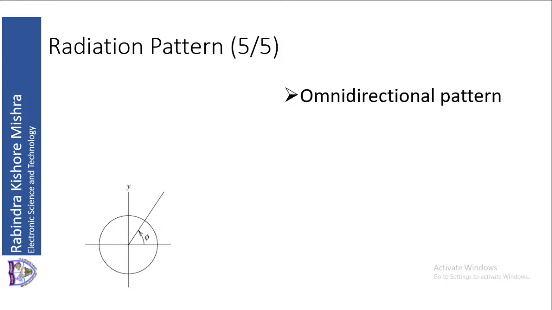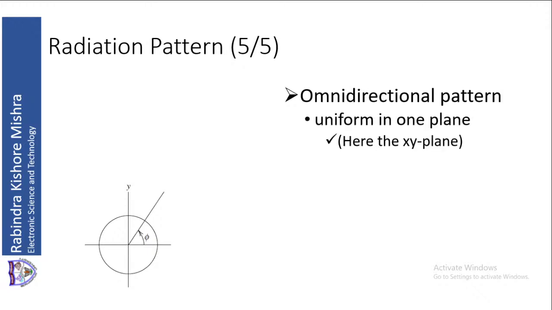Here we are showing a figure in which you can see a radiation pattern which is a circle, which means it is constant. The radius of this pattern shows you the intensity, so the intensity remains constant since it is describing a circle. A circle has a constant radius. This is uniform here in this figure. It is in the XY plane.